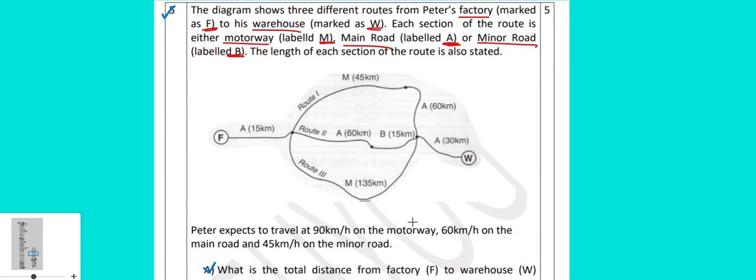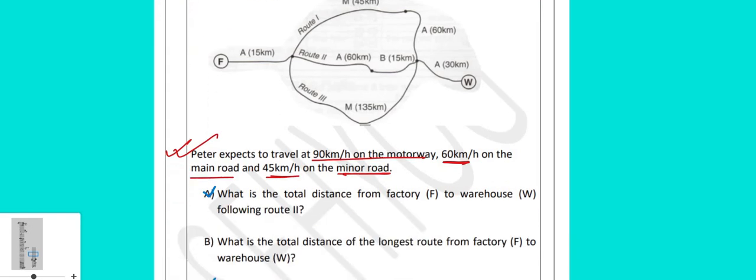Okay, and here is the extra information: Peter expects to travel 90 kilometers on motorway, 60 kilometers on main road, and 45 kilometers on minor road. So this is extra information that will come in handy while we are calculating the remaining subparts. So let us look at our first question. What is the total distance from factory F to the warehouse?